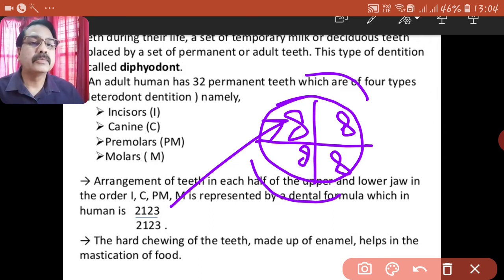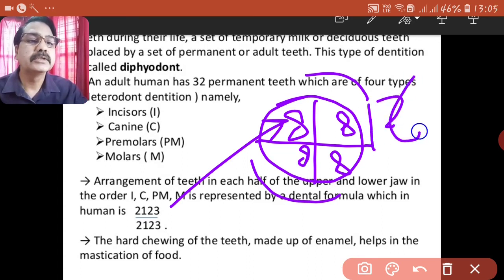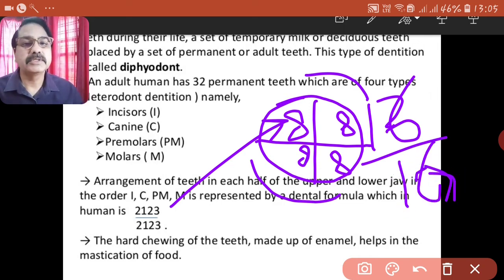So 2 incisors, 1 canine, 2 premolars, and 3 molars adds up to 8. So 8 plus 8 is 16, and 16 and 16, so the total number of teeth present in human beings is 32.